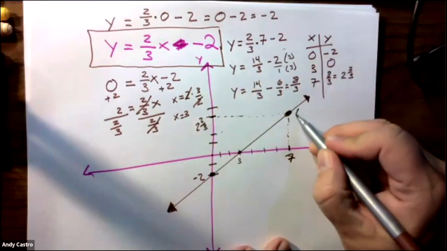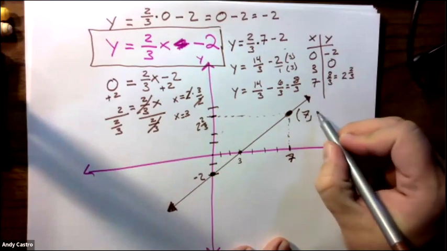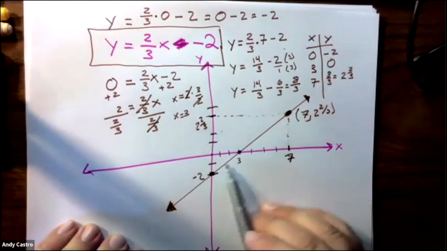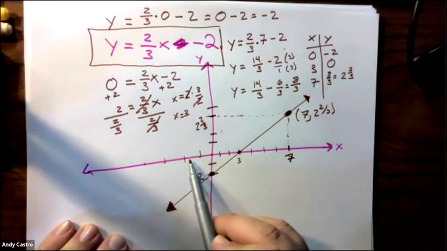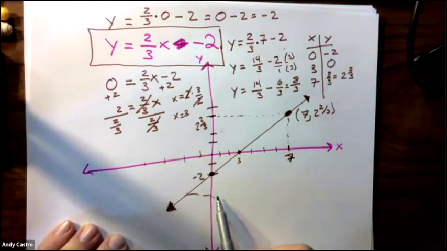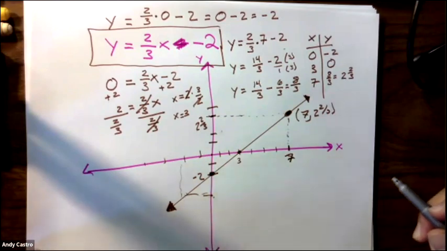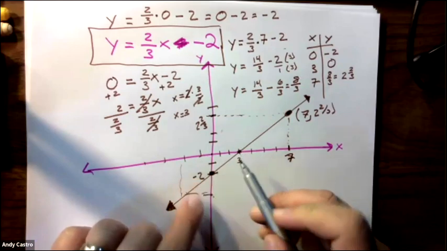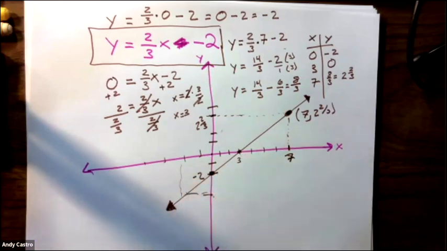And really, my point only is that if I plug in any number, even if I come over here, -3 would give me some number down here. Okay. But let's figure out the slope. And we'll just use these two numbers right here. Let's figure out the slope of this line.